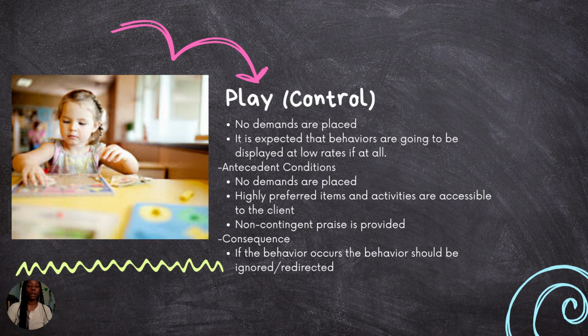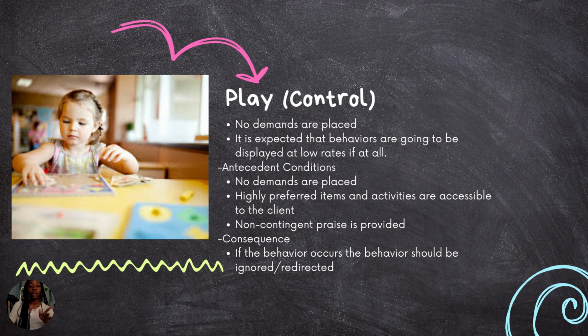So first we are going to be discussing the play condition, which is also known as the control condition. In this condition, no demands are going to be placed on the learner, and it is expected that the behaviors are going to be displayed at low rates if they occur at all. In the antecedent condition, we are going to provide highly preferred items and activities and provide non-contingent praise continuously.